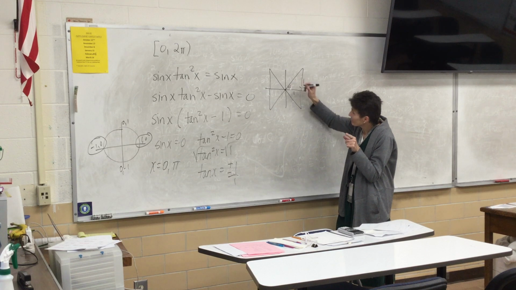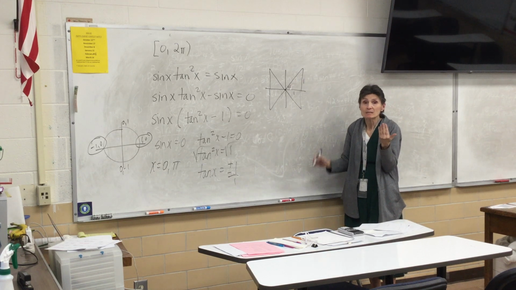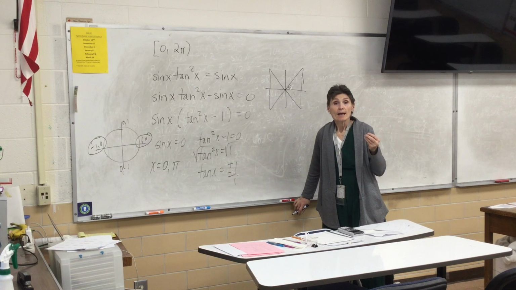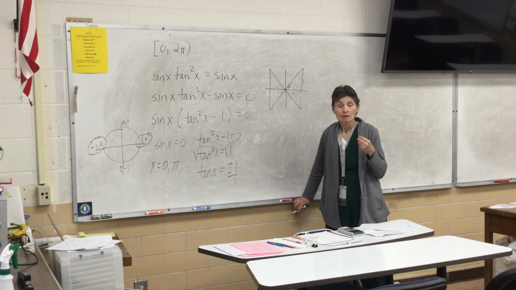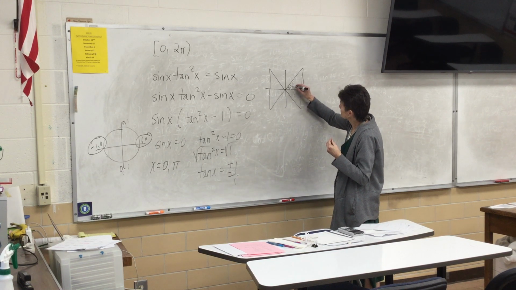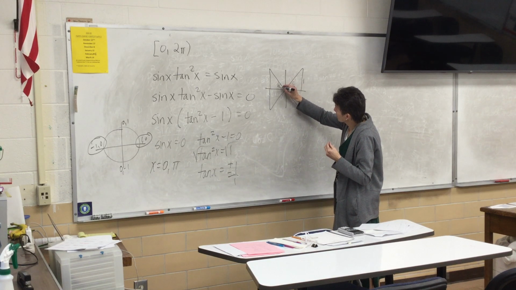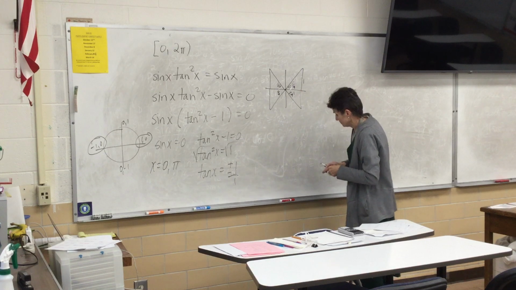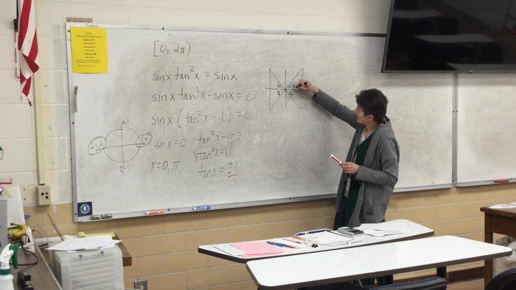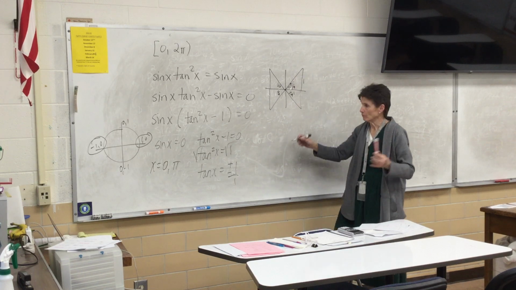But, I'll go ahead and write 45, but I'm in radians, so 45 is a fourth of 180, so it's pi over 4. So these little angles are all pi over 4. So my first answer is pi over 4.